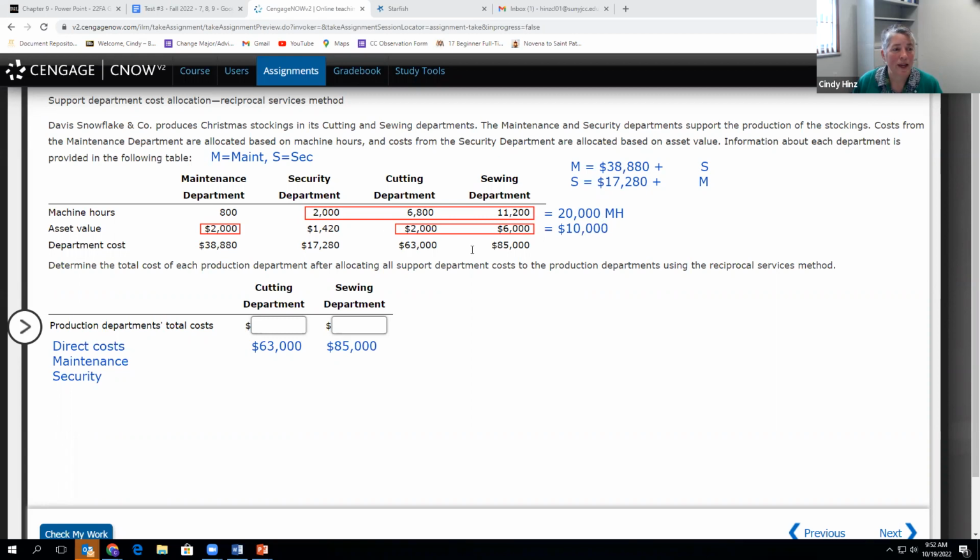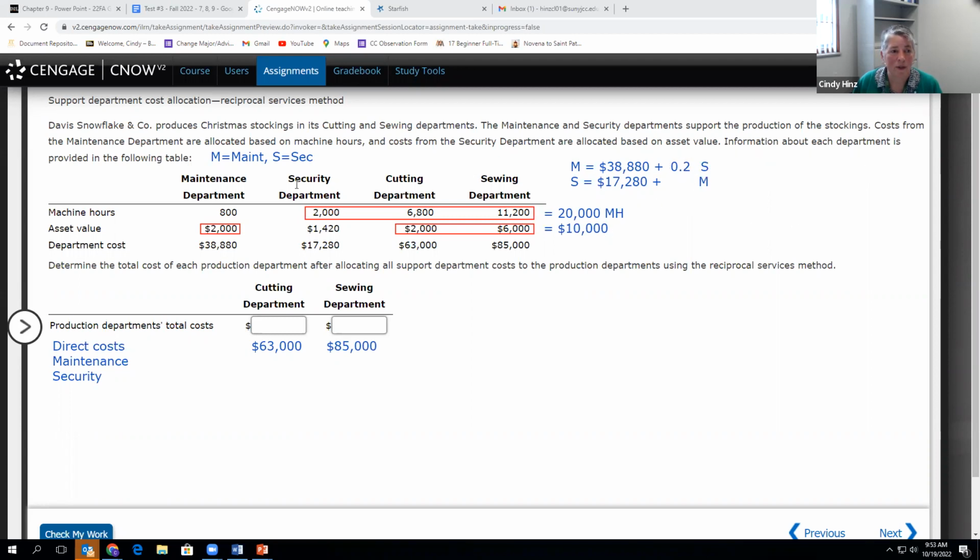So looking at the security department being allocated based on asset value, the maintenance department has 2,000 out of the total of $10,000 worth of asset value. That's 20% or 0.2. I'm going to try to sneak that in there so it kind of fits into my equation.